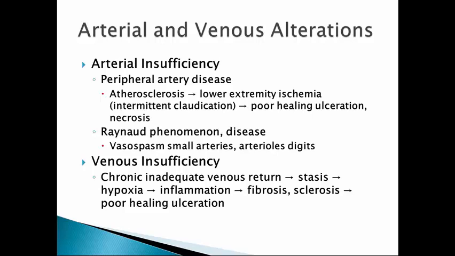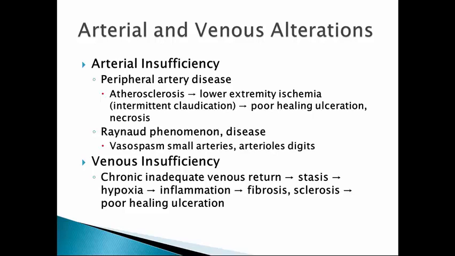So in addition to a poor healing ulceration or a necrotic area, they have a cool extremity, decreased pulses, and decreased hair growth. Now, an additional manifestation of arterial insufficiency is something called Raynaud phenomenon or Raynaud disease.